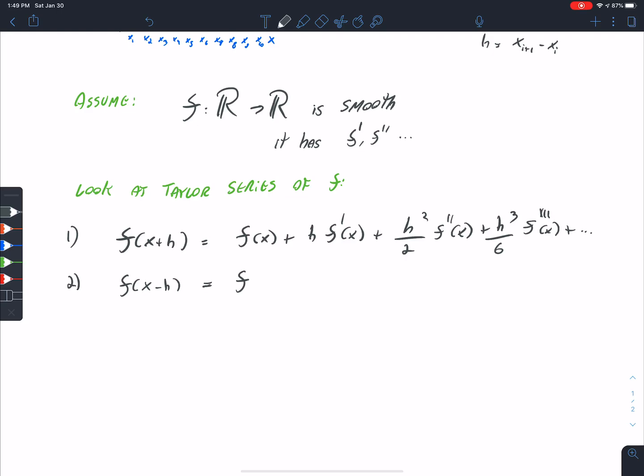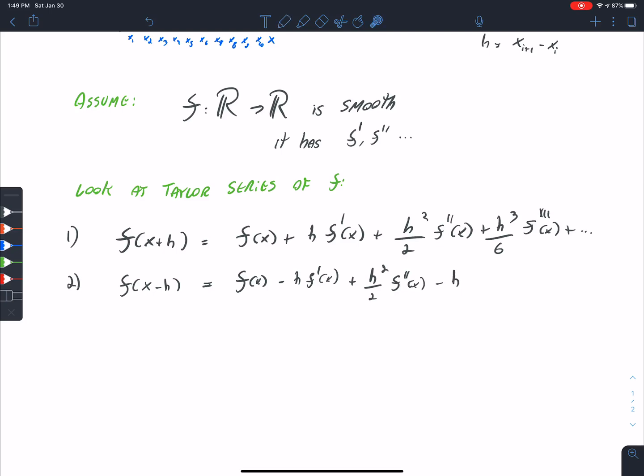Now in this formula we have f of x minus h f prime of x. So minus h squared is plus, right? So we have plus h squared over 2 f double prime of x. Now h to the cube is minus again, so this becomes an alternating series, right?